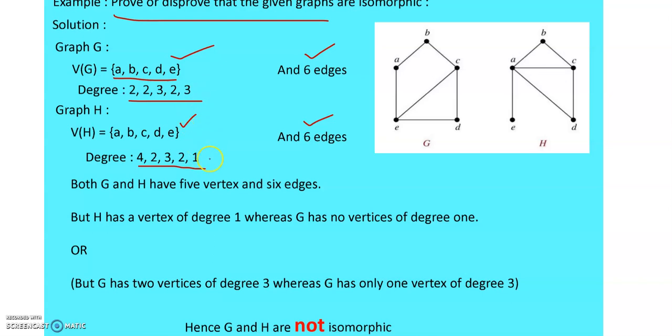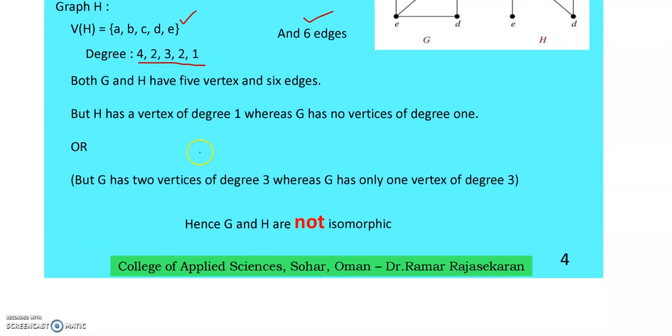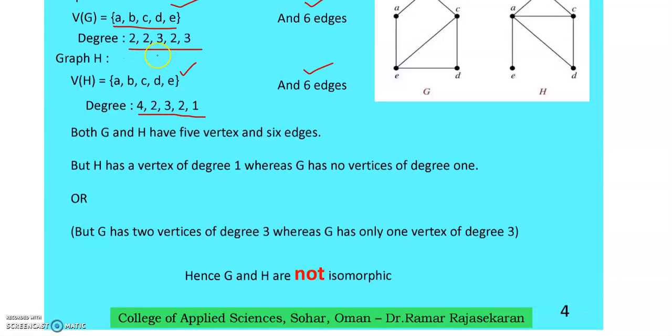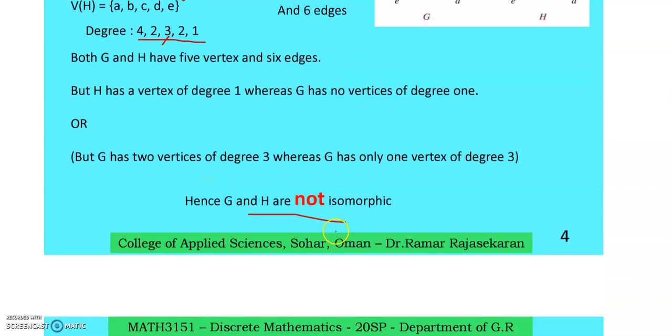So we cannot make the mapping. H has a vertex of degree 1, whereas G has no vertex of degree 1. Therefore we cannot make the mapping. Or we can say another reason. Here two vertices having degree 3, but here one vertex having degree 3. So we cannot make the mapping. That's why these two graphs are not isomorphic.